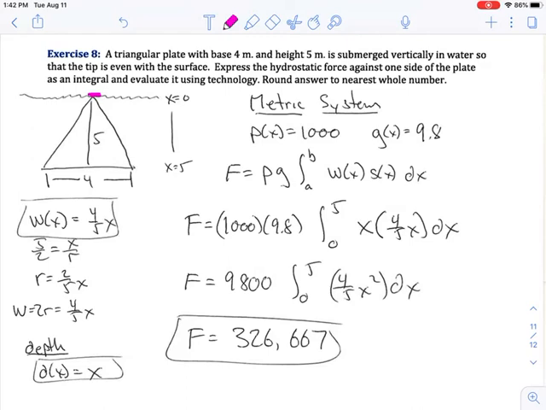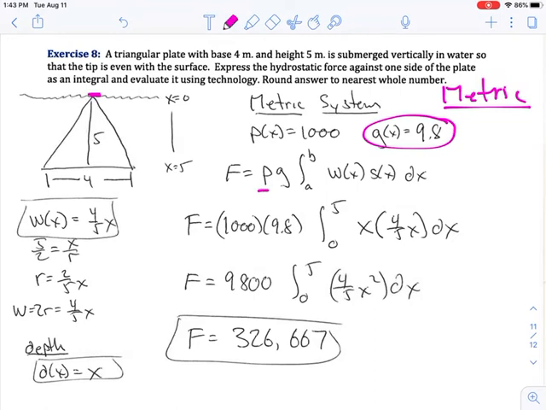So let's figure out the pieces. This one is in meters. We're in the metric system. Glad I threw one of these in here. So remember, the only difference with the metric system is you need to include g, 9.8.